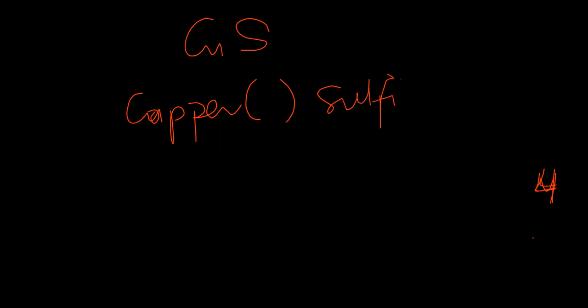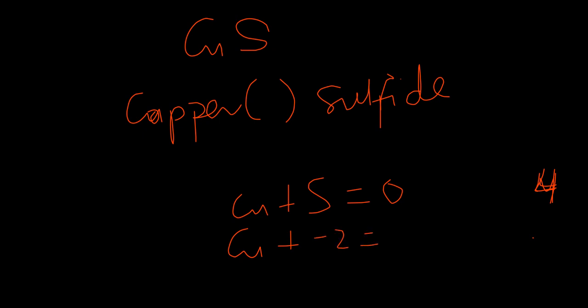So let's calculate the oxidation number of the copper. That will be Cu plus S equals the charge on the compound, which is 0. The charge on the sulfur is -2. So copper will give us +2. This is II. So copper(II) sulfide.